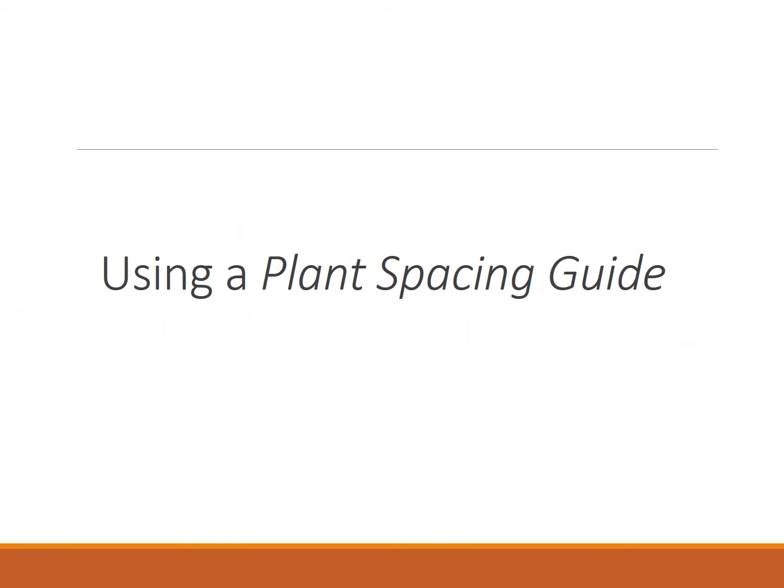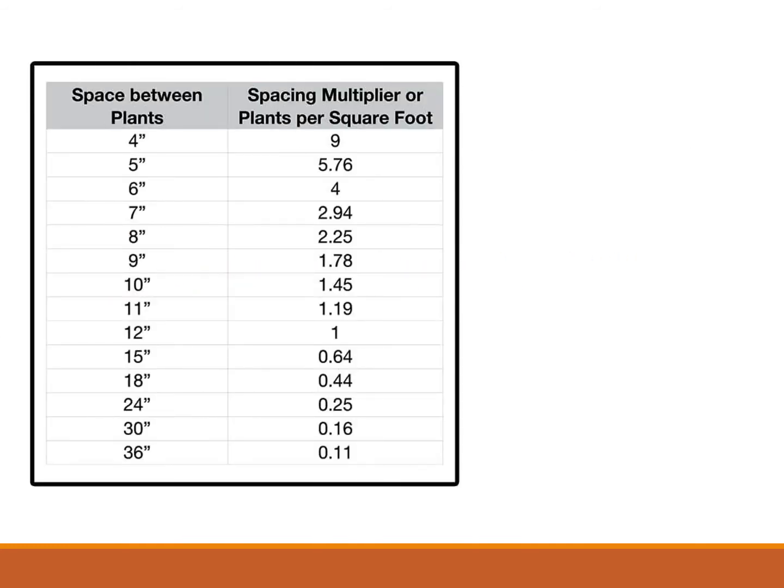Using a plant spacing guide. What you see pictured on the left is an example of a plant spacing guide. If we look at the top row, if we wanted to space our plants 4 inches apart, you can see from the spacing guide that a 4-inch spacing means that we're going to be able to fit 9 plants per square foot of bed area.